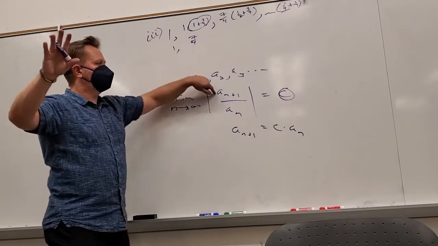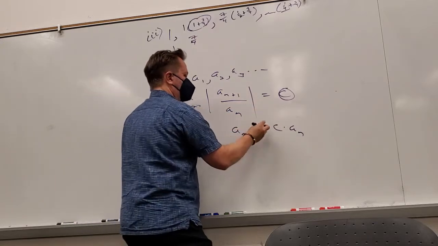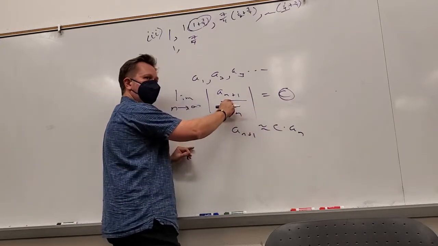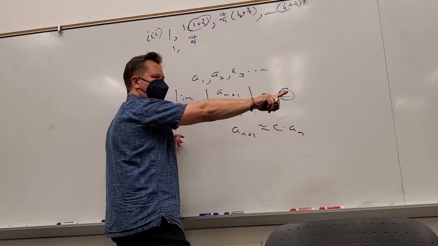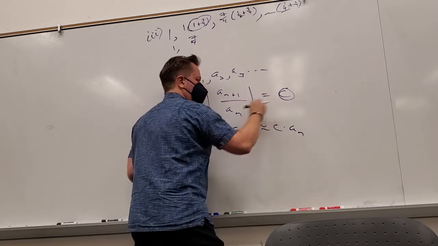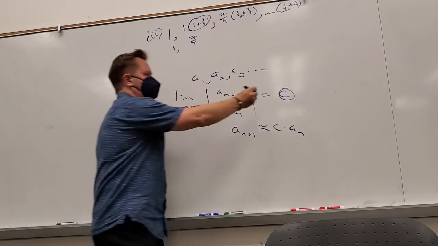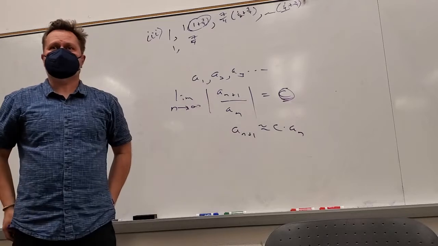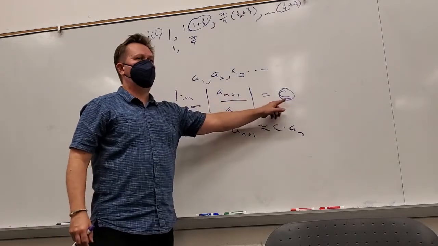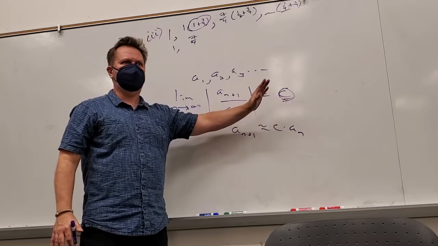If the limit of this is a constant, that means that at some point, far out in my sequence, the next sequence element is roughly this times this. How close to this will it be? Really close. Because if the limit is C, don't I have to get infinitely close to this? Okay, maybe, yes?